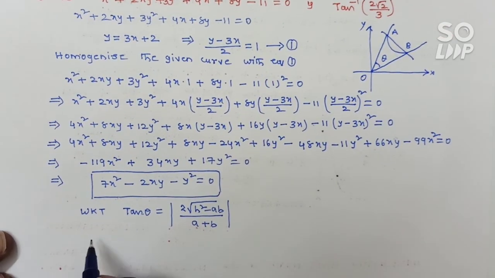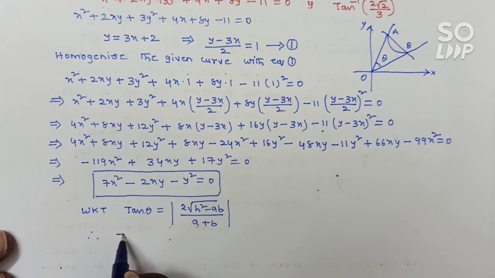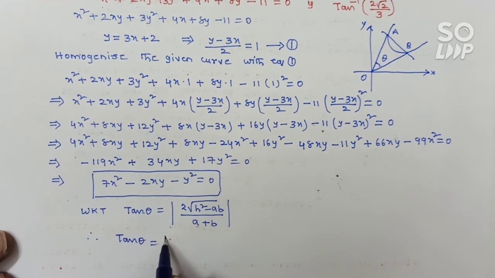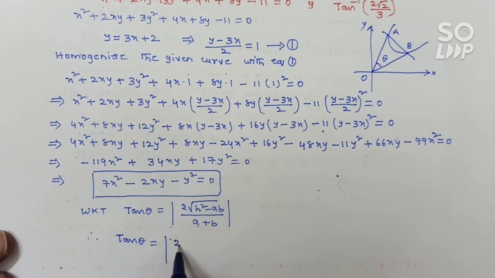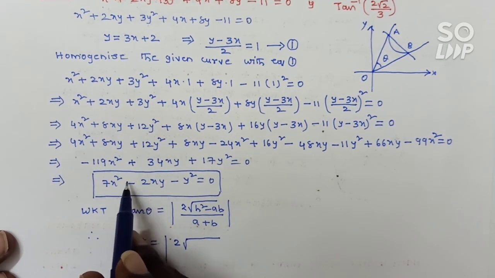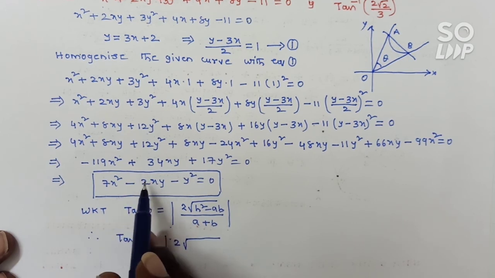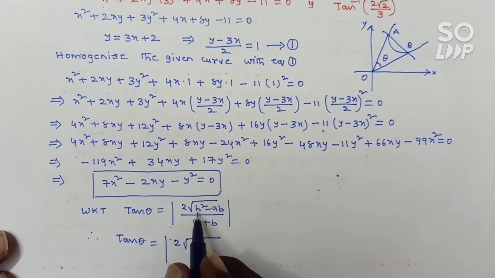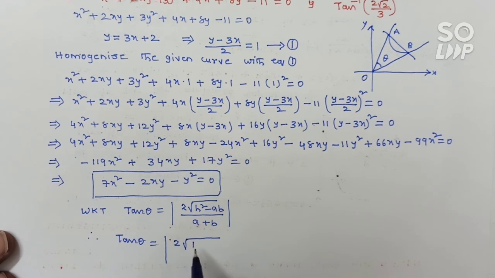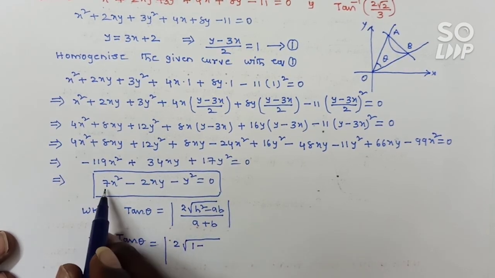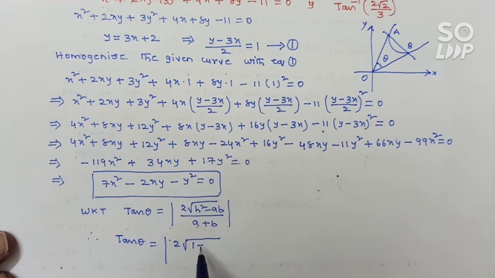Now you substitute. Therefore tan theta is equal to modulus of 2 into root of, here 2h is minus 2, so h is equal to minus 1. Minus 1 whole square is 1. Minus ab is 7 into minus 1, which is minus 7, so that is plus 7.